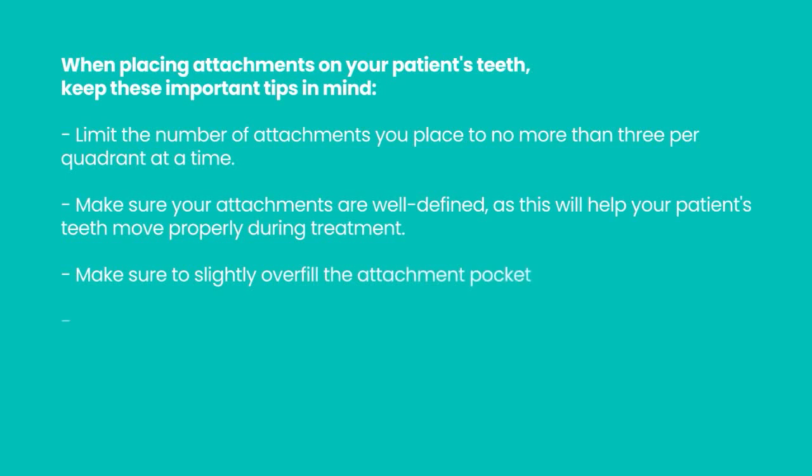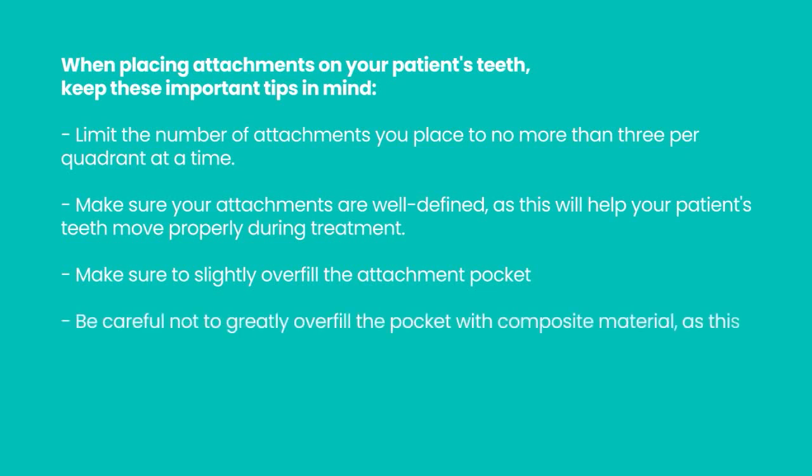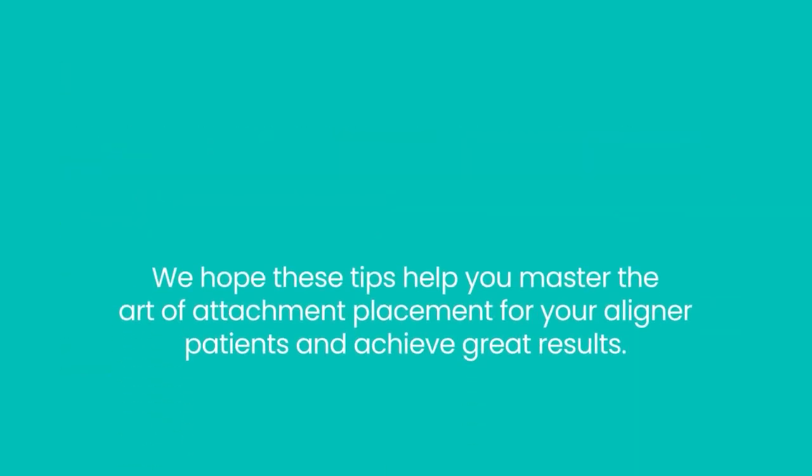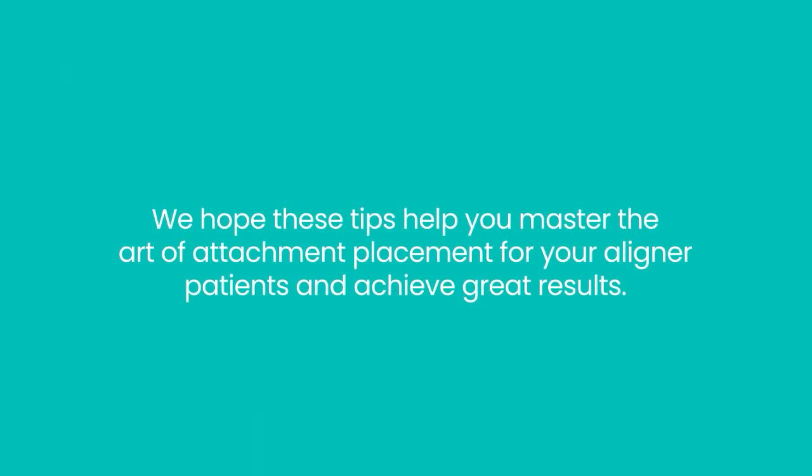So make sure to slightly overfill the pocket when filling it. Lastly, be careful not to greatly overfill the pocket with composite material, as this may result in excess flash. Instead, slightly overfill it and tap the template to remove any bubbles. We hope these tips help you master the art of attachment placement for your aligner patients and achieve great results.